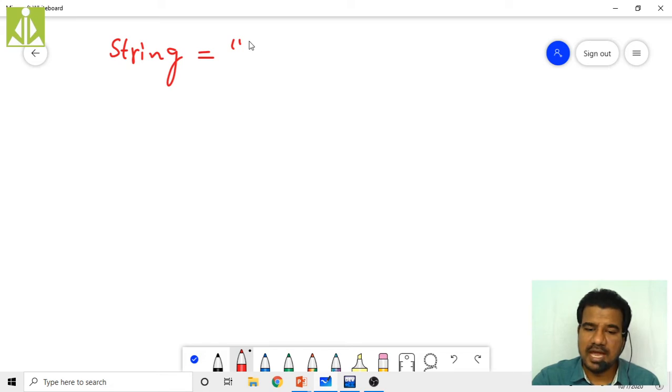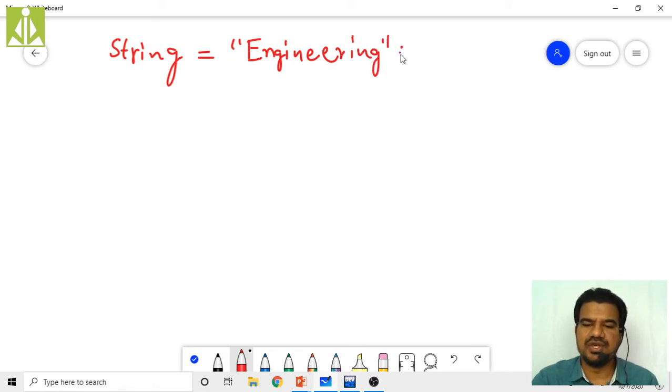So I am taking a different string like engineering. So my given string is engineering. Now I have to reverse this string, and I said by making use of a stack, we are reversing this string. So one of the applications of the stack is string reversal.